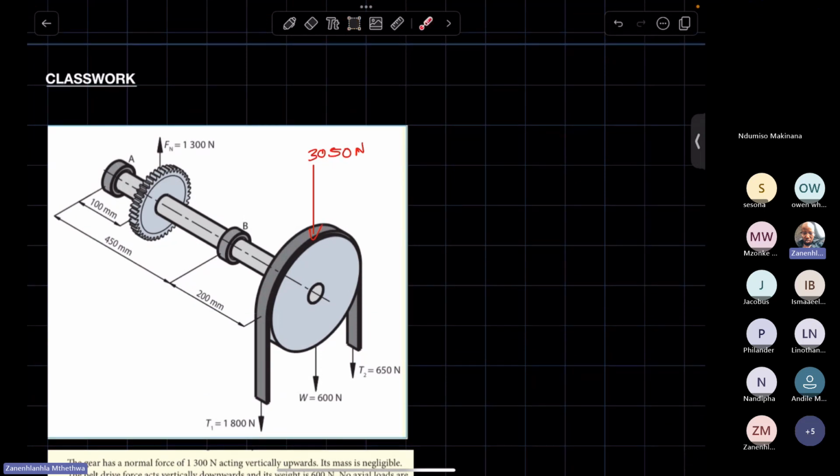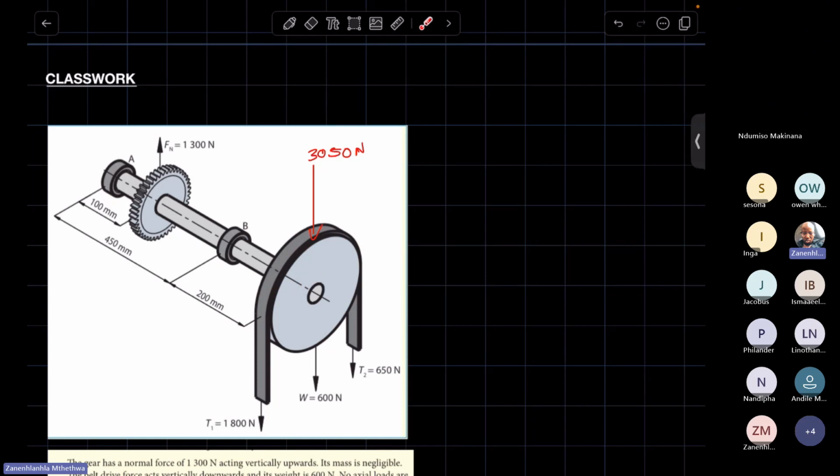So in this exercise, you have a shaft, and the shaft is fitted with a gear wheel as well as a belt drive, right? Now, if you remember in the first diagram we looked at, the tensions of the belt were pointing upwards.